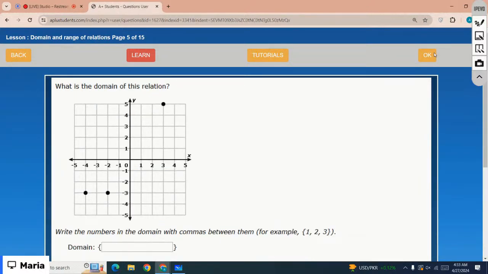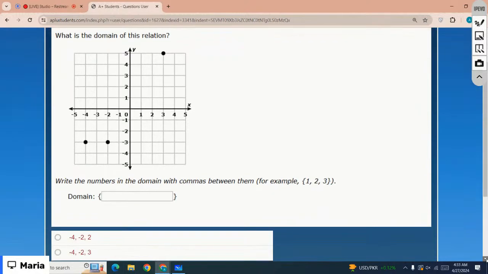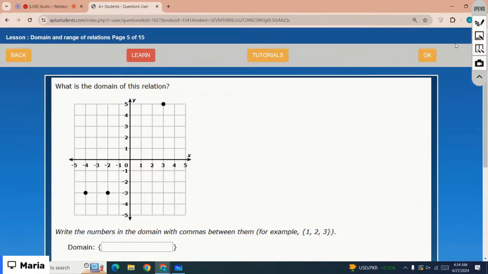So which is the correct option? Negative 4, negative 2 and 3 is the correct option. Option number 2 is the correct option. Negative 4, negative 2 and 3.